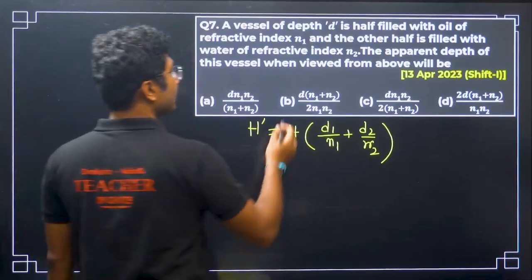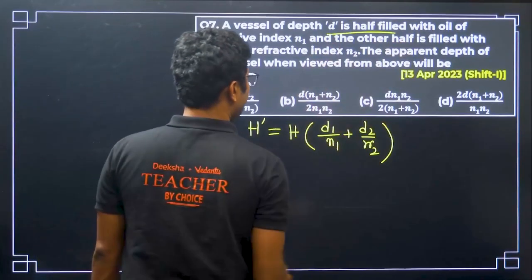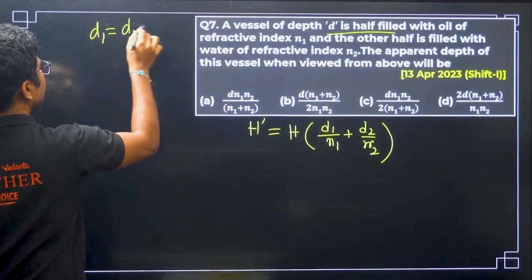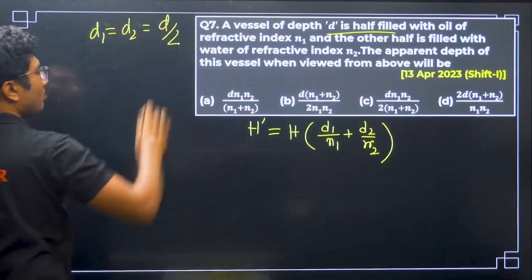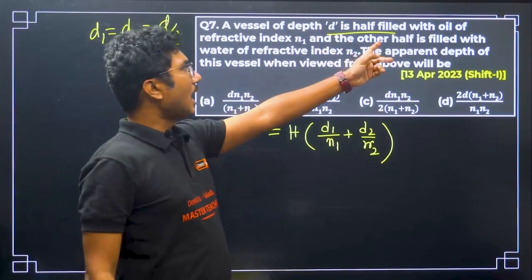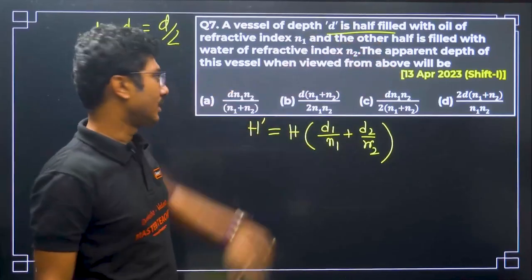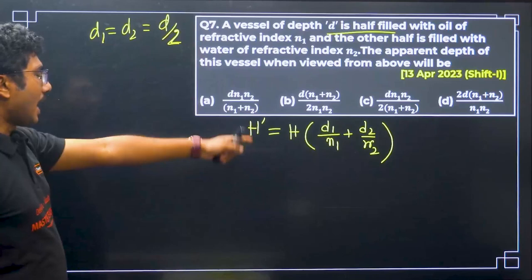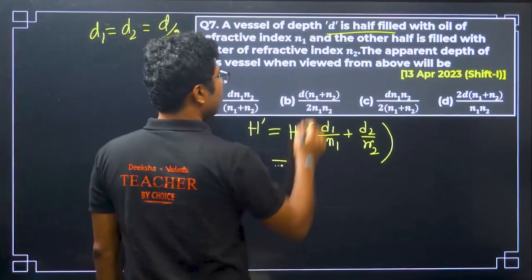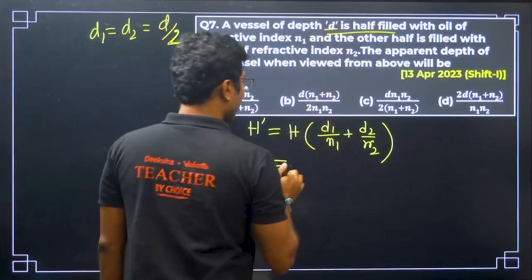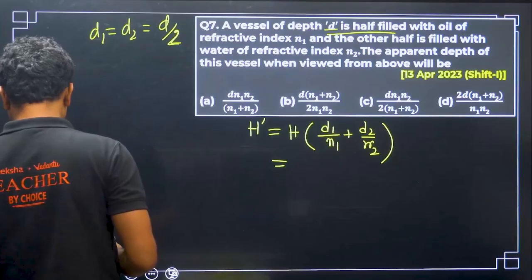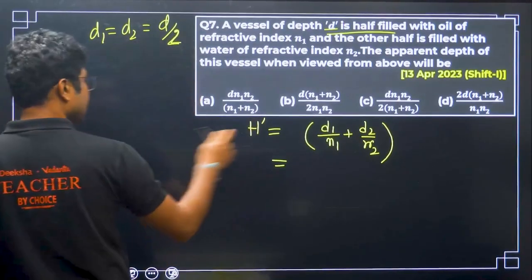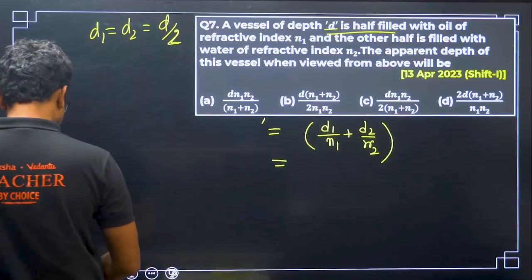Now, here it is mentioned that half is filled. Half filled means D1 equals D2 equals D by 2. Both of them are filled, half oil, half water. So both will be D by 2. There is a small mistake: because the depth is given in terms of D, let me write the apparent depth as D dash.